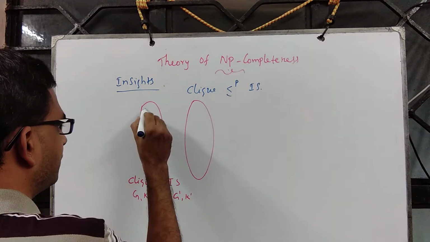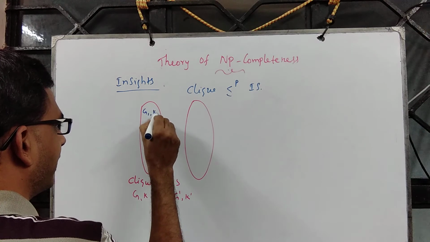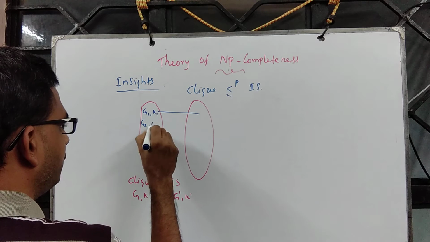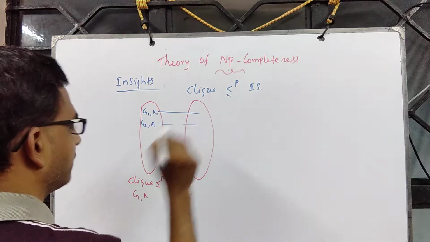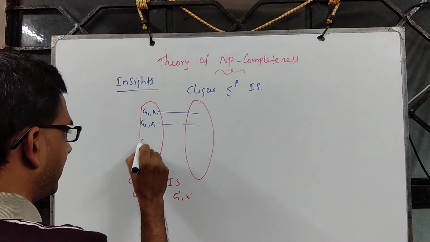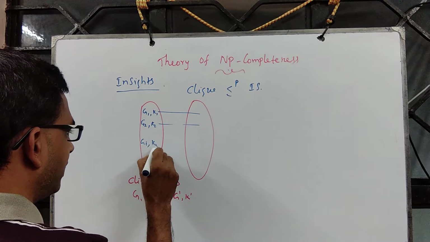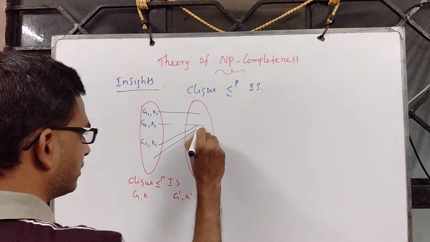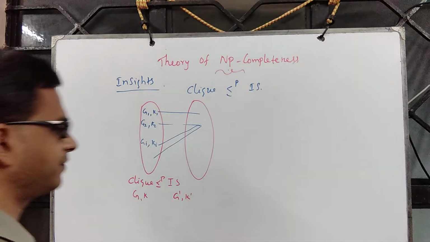So an instance of this, say G1 comma k1, is mapped to an instance of this. G2 comma k2 is mapped to an instance of this. It may so happen that more than one instance of clique may map to the same instance of independent set.